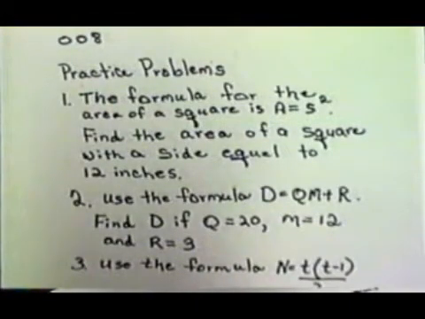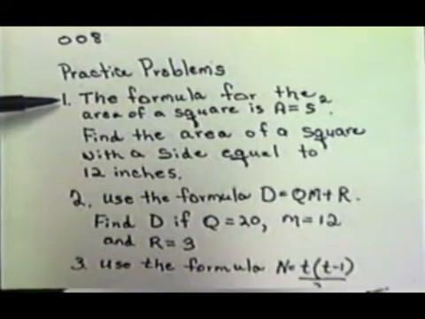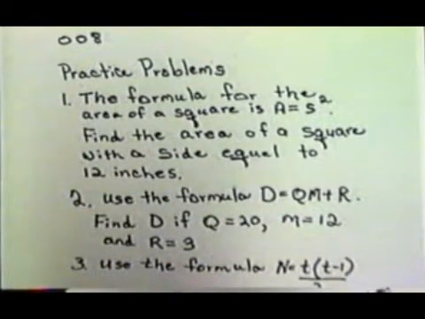Now I'd like for you to try some practice problems. The first practice problem says the formula for the area of a square is A equals S squared. Find the area of a square with a side equal to 12 inches.